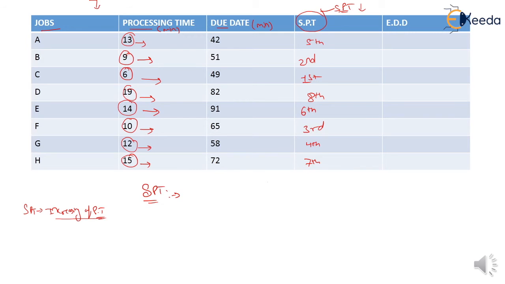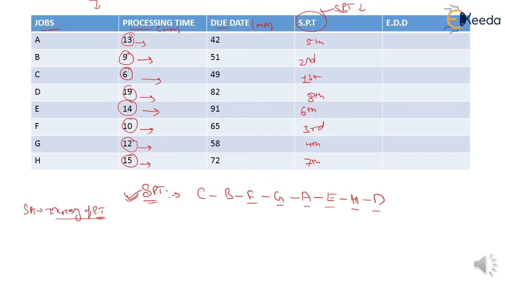The first is C, second B, third F, fourth G, fifth A, sixth E, seventh H, and last, eighth, D. So C, B, F, G, A, E, H, D is the sequencing of jobs according to SPT rule.